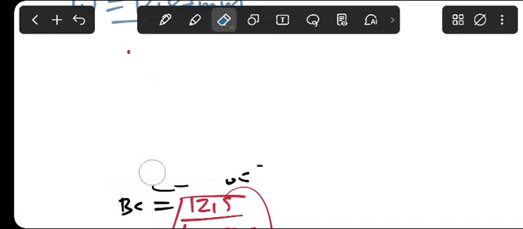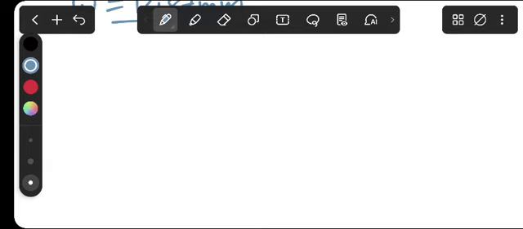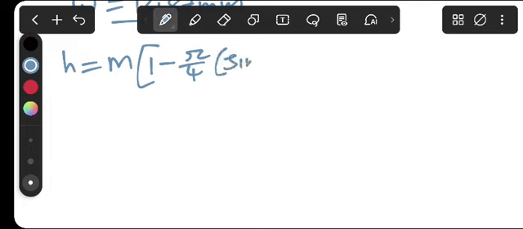All right, again we can try using the height method. The formula, obviously, if you know this, will be modulus into 1 minus pi over 4 into sine theta multiplied by cos theta, if I'm not mistaken. Yeah, if I remember, this is the formula.